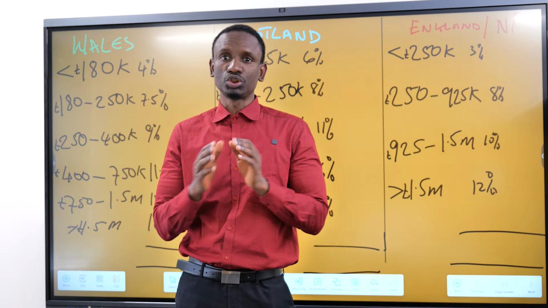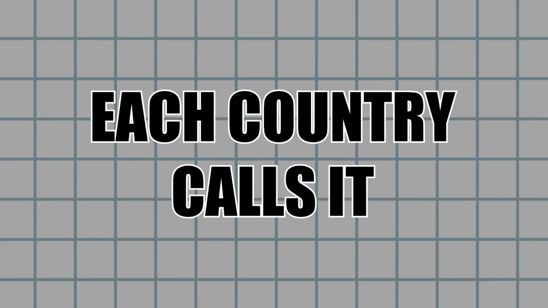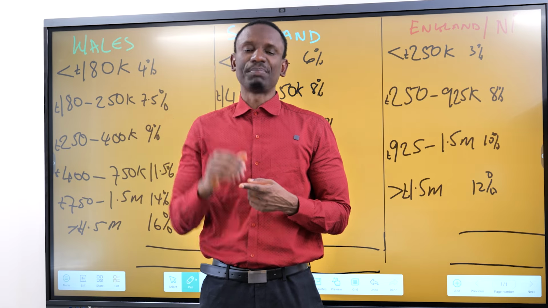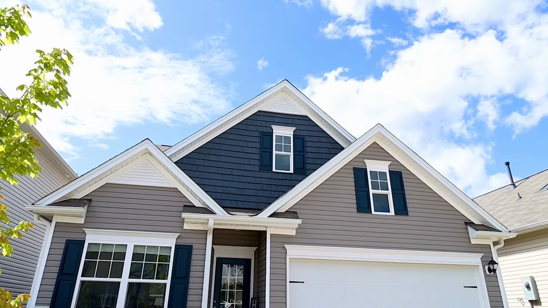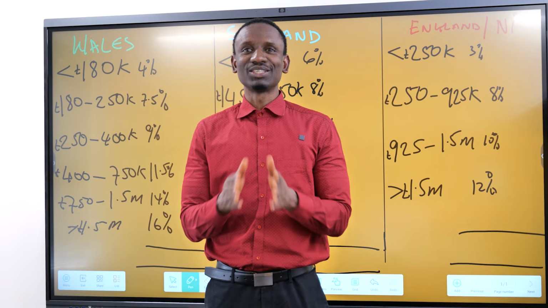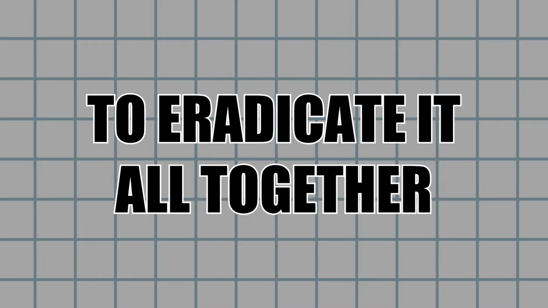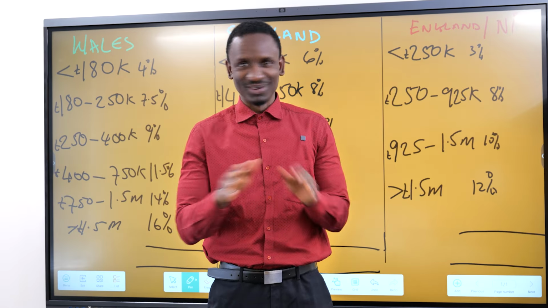So in this video, I'm going to share with you the name of these taxes each country calls it, how to calculate the tax on a step-by-step basis, and what would be your total tax to buy a specific property. Most importantly, how to mitigate the tax you would pay, and in some instances to eradicate it altogether so that you do not need to pay that tax, legally, not illegally.